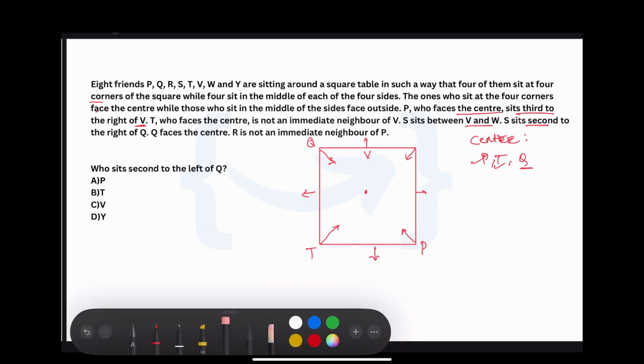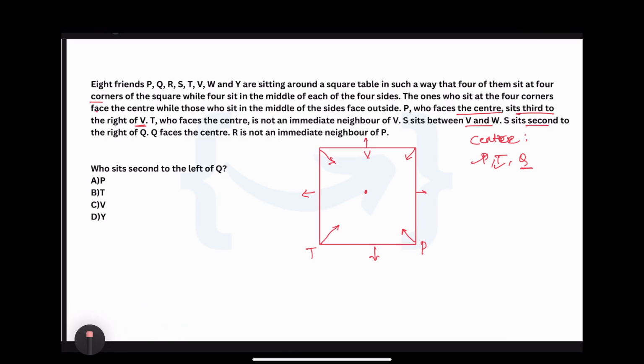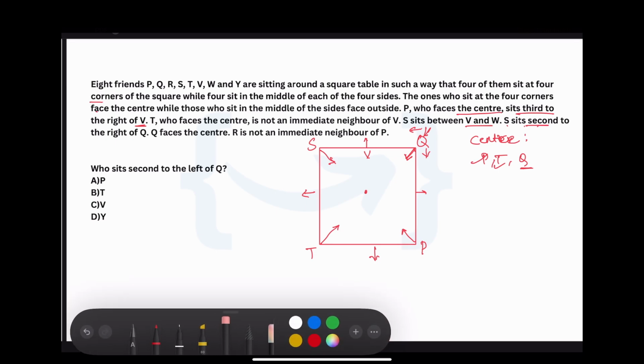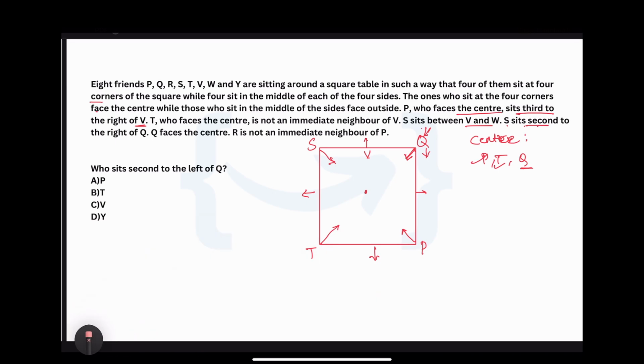So my best place for Q would be this particular position, where S is here. From this point of view, the right would be this one and the left would be this one, from Q's point of view. I hope it makes sense to you. If not, write on paper and just see from Q's point of view.